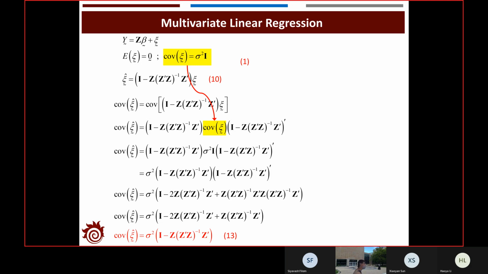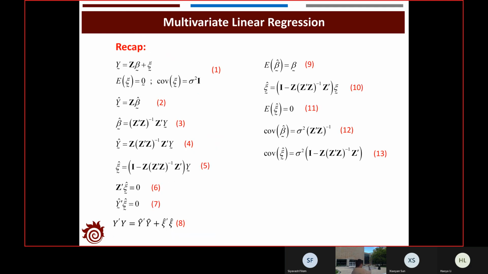Well, if you're interested in the details, you can try to do the calculation. Follow these slides and do the calculation by yourself. It helps you get familiar with how to do the computations for matrices. So we started with almost 13 equations. Most of them are properties of the linear regression.